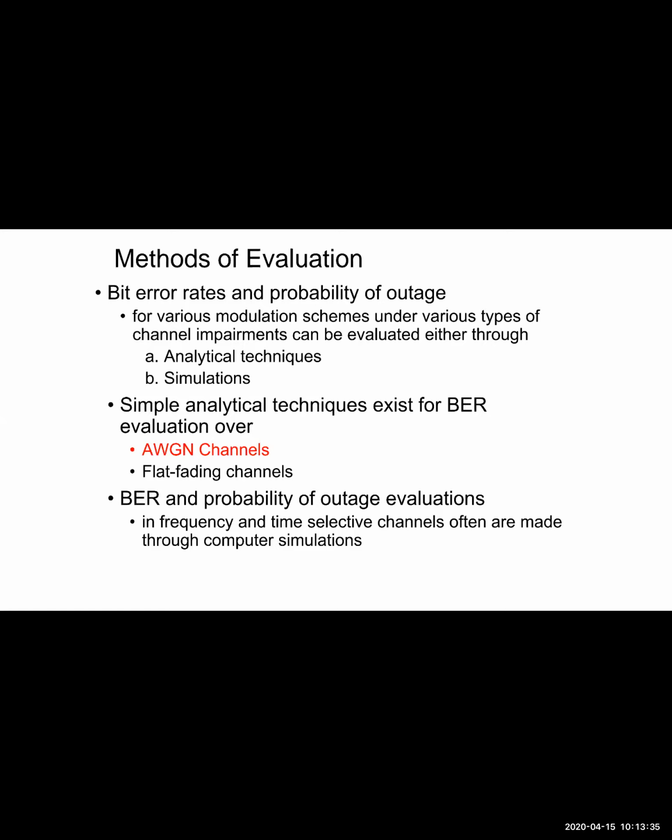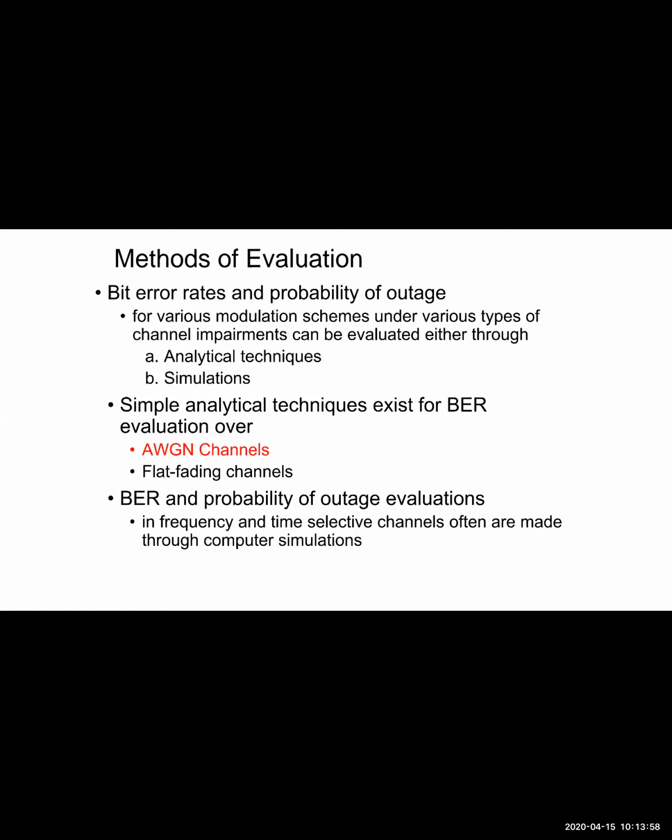If you are using BER, fine, but dealing with probability of outage is a little bit complex, and dealing with frequency and time selective environments is also complex. This you can only do using simulation. Did you get the difference between the two?